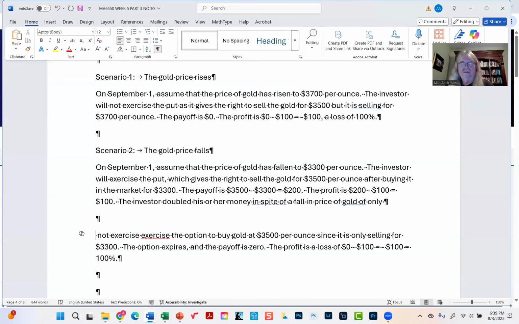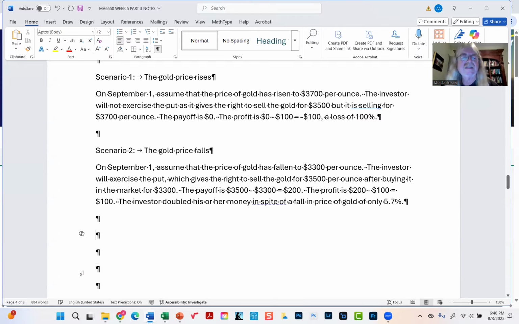This time it would be, oh, actually, no, it would be the same. It's 200, it's 5.7%. Not bad. If they own the gold, well, it's not nearly as much, so that's what we mean by leverage.